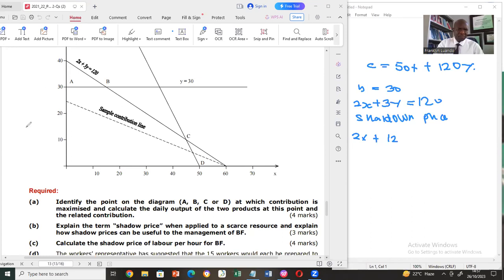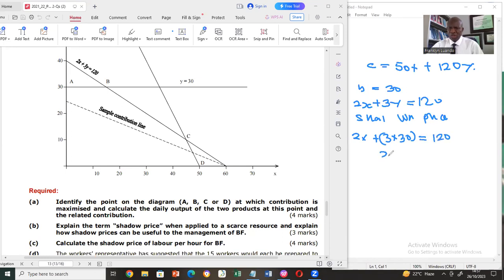To find x, we can simply substitute. We have 2x plus 3 multiplied by 30, because y is known, is equal to 120.